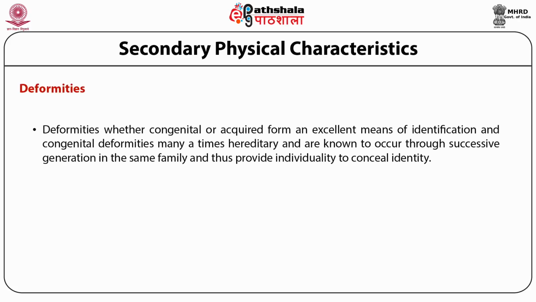Deformities, whether congenital or acquired, are an excellent means of identification. Congenital deformities, many times hereditary, are known to occur through successive generations in the same family and thus provide individuality, making it hard to conceal identity.